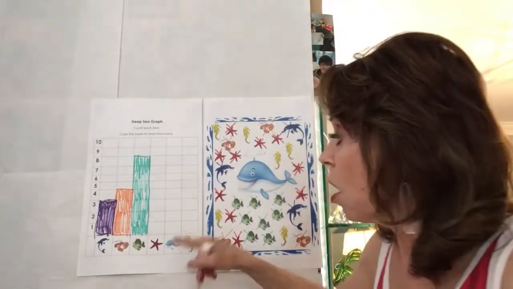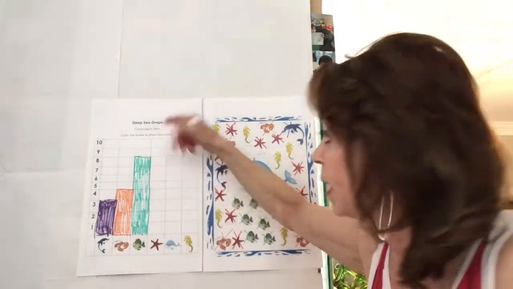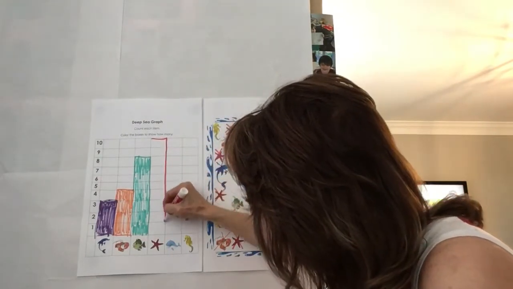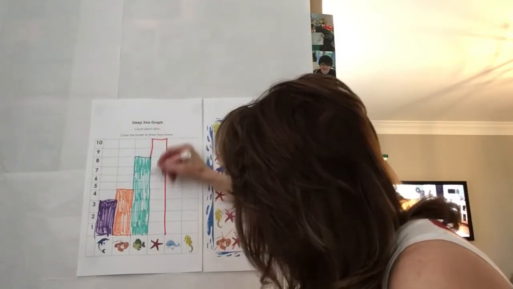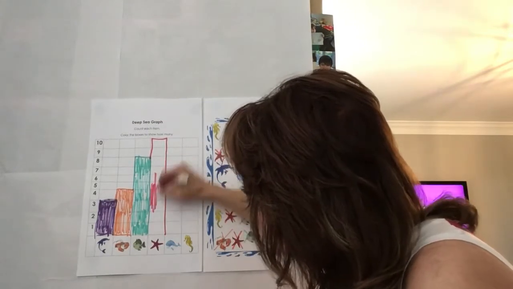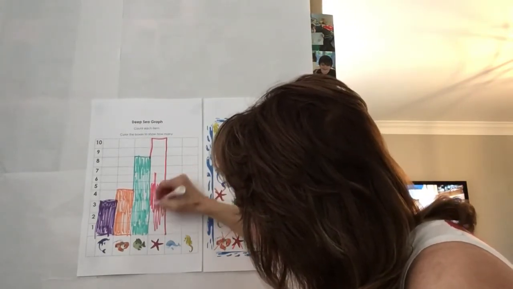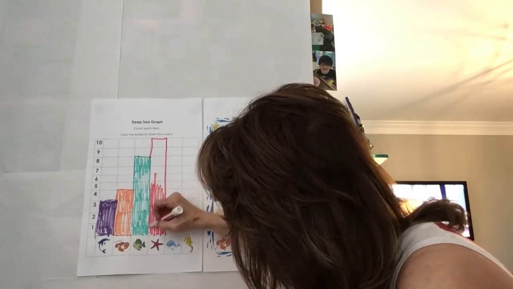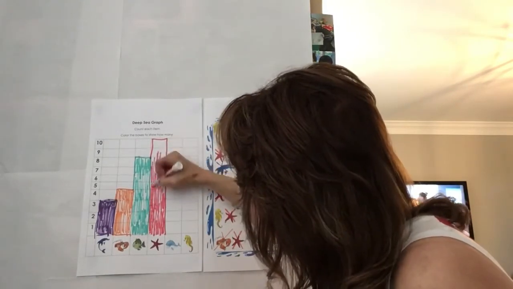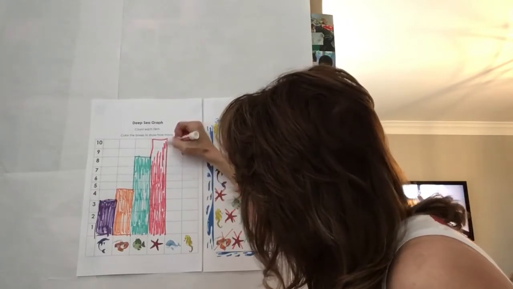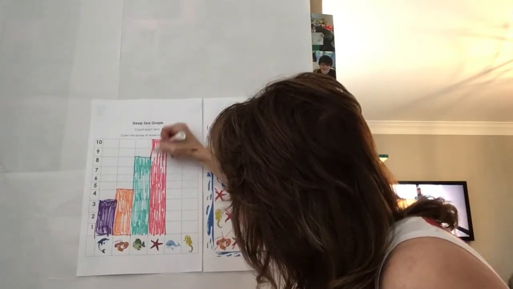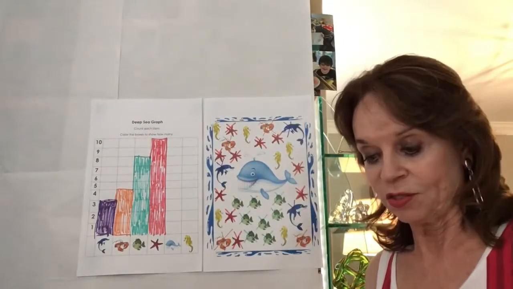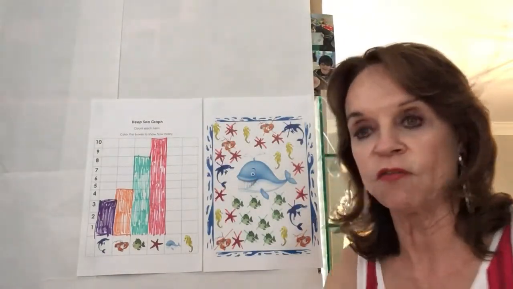So I'm going to go all the way up to the number 10 on my graph. That means I've got to make this big, long bar, and I'm going to color it in, staying in my bar, all the way up to the top where the 10 is. Okay. Whew, bar graph looks really good so far.